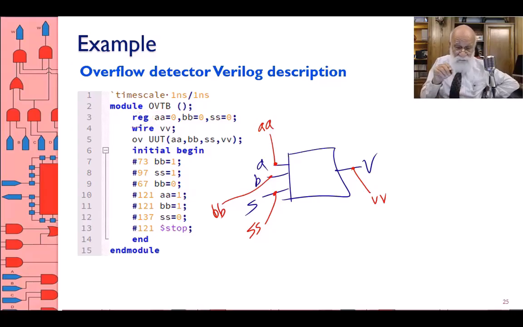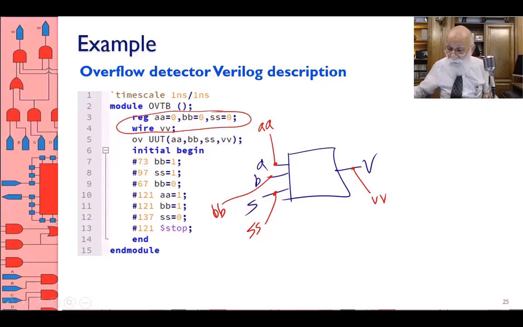I initialize the AA, BB, SS reg as 0. Okay, so initially it's 0. VV is a wire. Okay, VV is a wire. Since it is a wire, since it is connected to an output, it is a wire. I'm not putting a value on it. I'm reading a value from it. So this first part declared my ports connected to this.